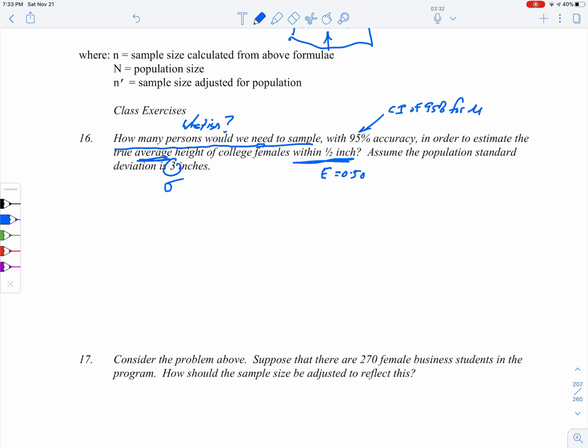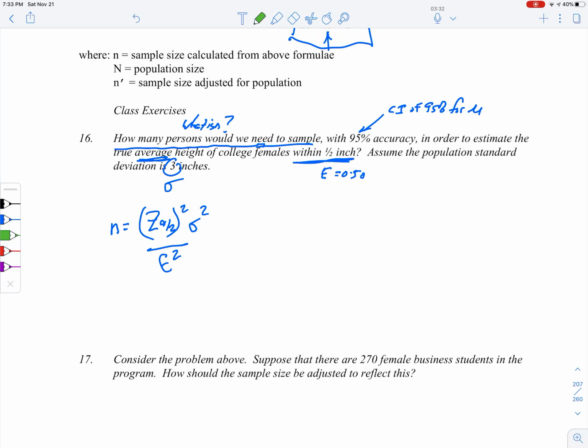Assume that the population standard deviation is 3. So that was given to us, or we could have done a sample or a pilot or something like that, right? So the formula is going to be n is equal to Z alpha over 2 squared times sigma squared over E squared.